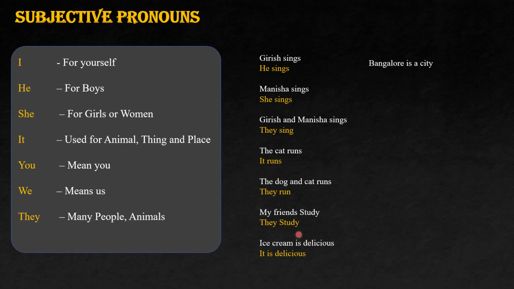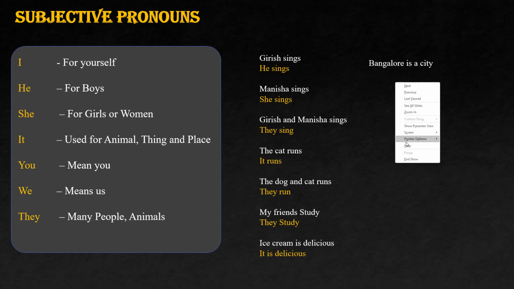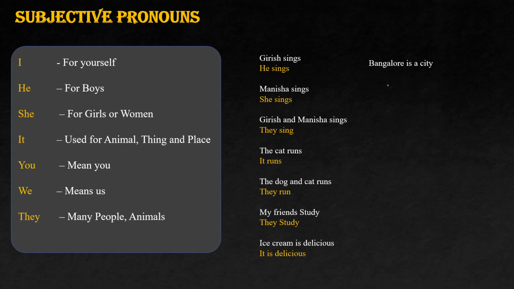Now, Bangalore is a city. So what does it become? It should be a place and then we should add it. It is a city, right? My parents went to Bangalore.